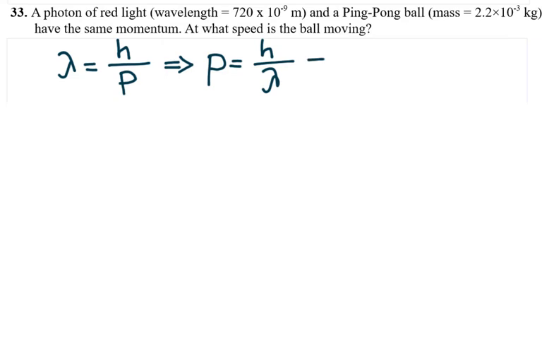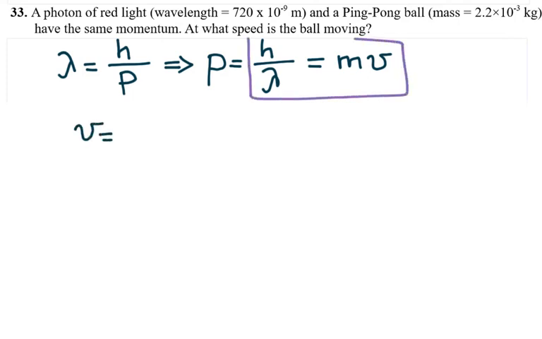Since the momentum of the photon is equal to the momentum of the ball, I have the mass times the velocity of the ball, and I have to find the velocity. So the velocity of the ball is equal to Planck's constant divided by the wavelength of the photon times the mass of the ball.